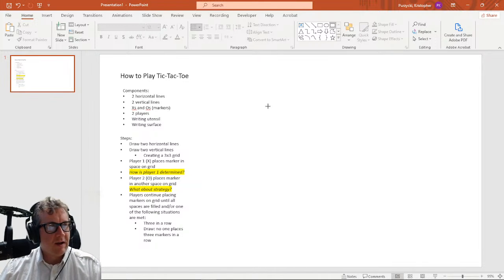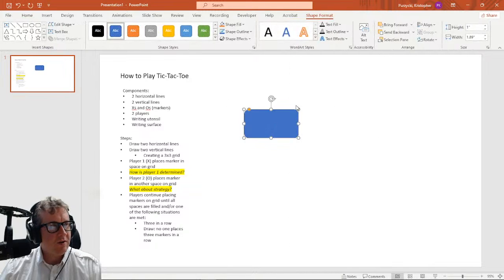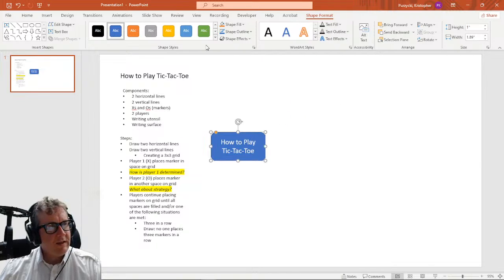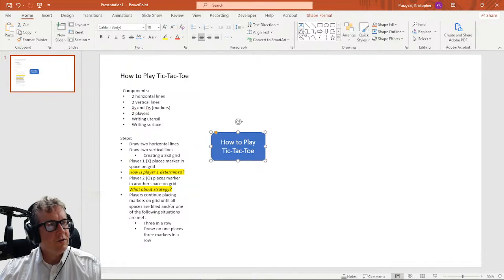I'm going to start by using my rounded square. This is usually our start. I'm going to follow the conventional approach.